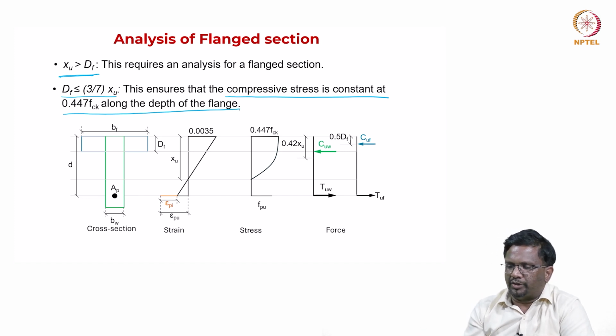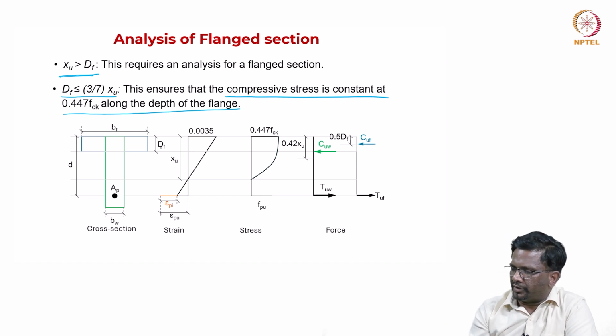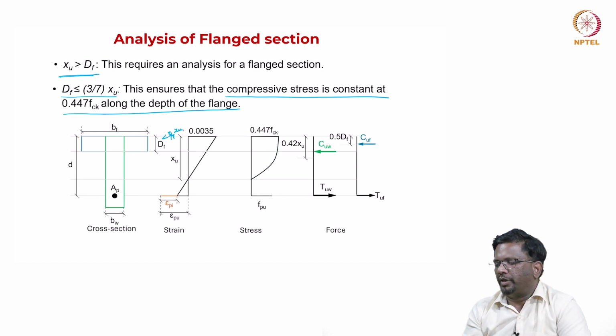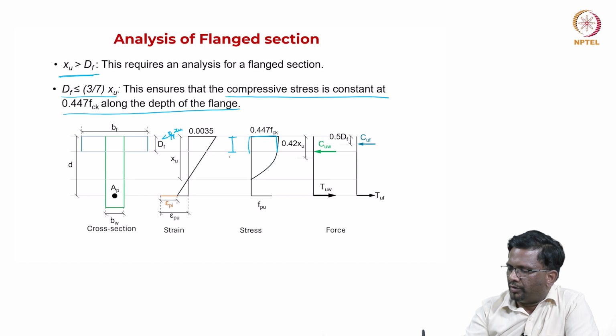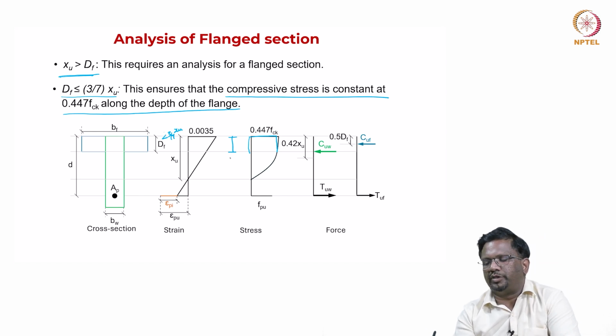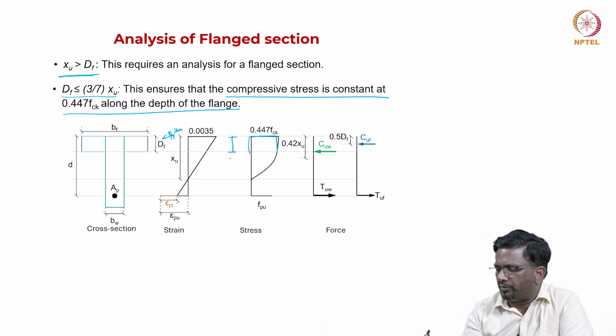So, what does that mean? When DF is less than 3/7 of XU, we have seen that this constant region, for a strain distribution, goes from a strain of 0.002 to 0.0035.